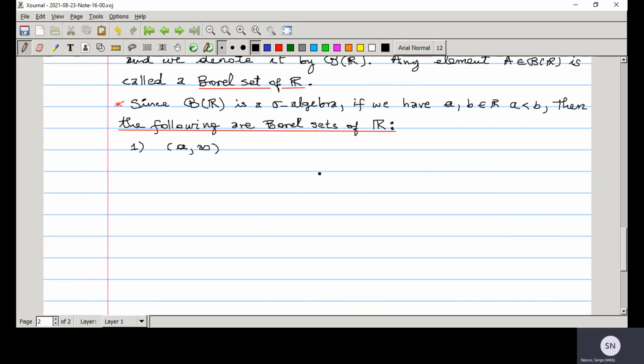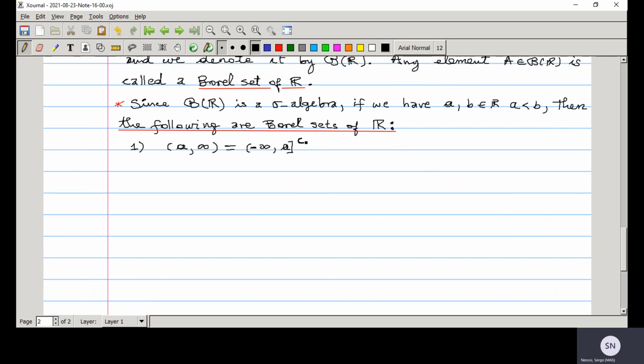So now, why is this a Borel set? Can we write this as the complement of something? Yes, this is the complement of negative infinity to a, closed here.